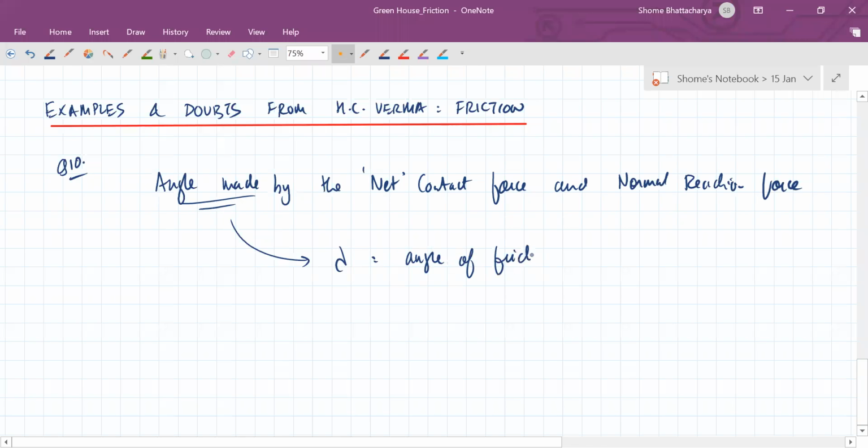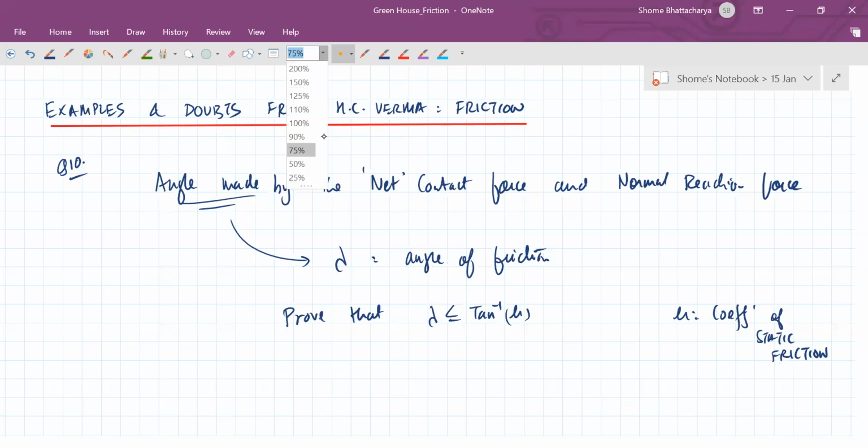So that is what is given in the question. We have to prove that lambda cannot exceed tan inverse mu, where mu is the coefficient of static friction.